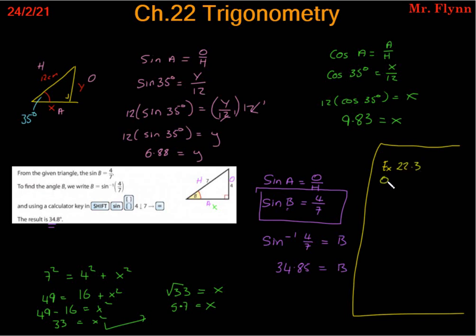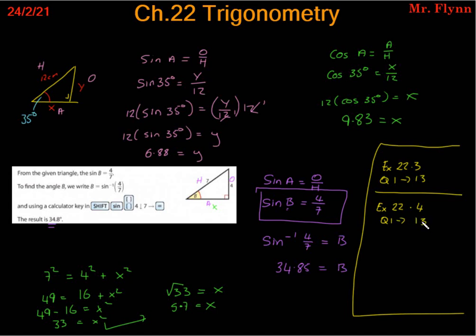I want you to have a look at questions 1 to 13. So that's the first one. Following on from that, your next day's homework will be exercise 22.4. And we'll have a look here then at questions 1 to 13 also.